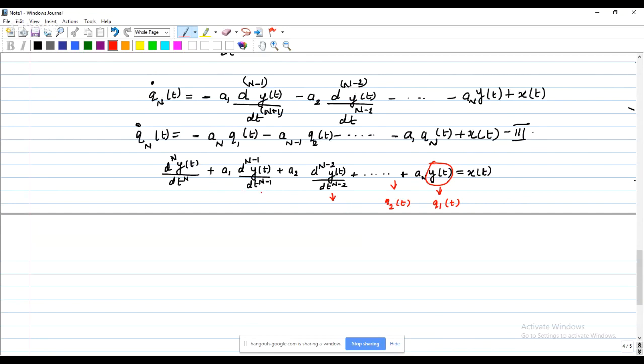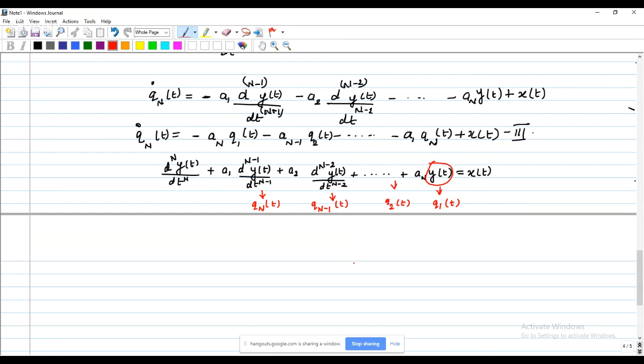So this part will be qn t, and this will be qn minus 1 t. How can we say this? See, y of t directly q1 t, right? First derivative q2 t. So n minus 2 derivative will be n minus 1 t, and n minus 1 derivative will go to n t, right?